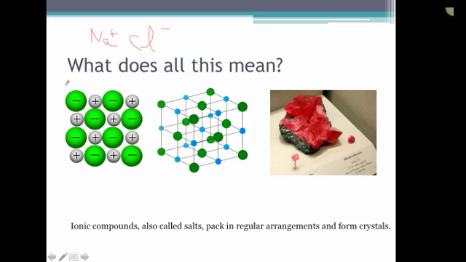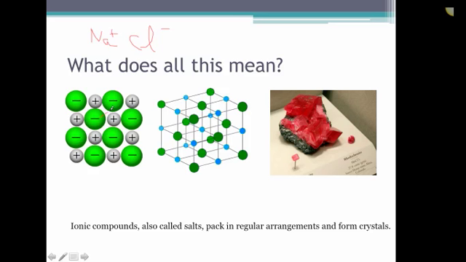Well, if we think about it in 2 dimensions, it would look something like this. So here we have the chloride ions, the negatively charged ones. Here we have the positively charged sodium ions. And if you look at any given sodium ion, I think you can see that it's actually surrounded by chloride ions. There and there.